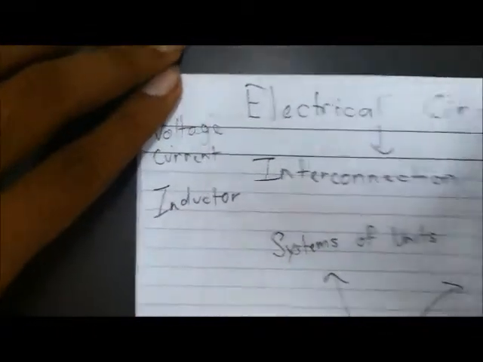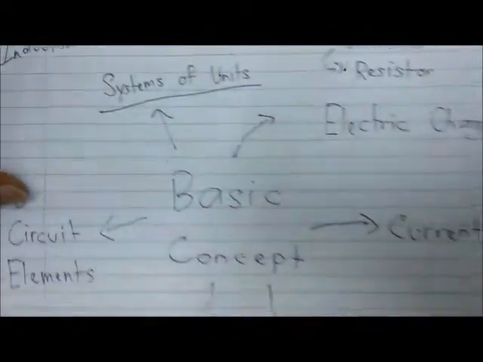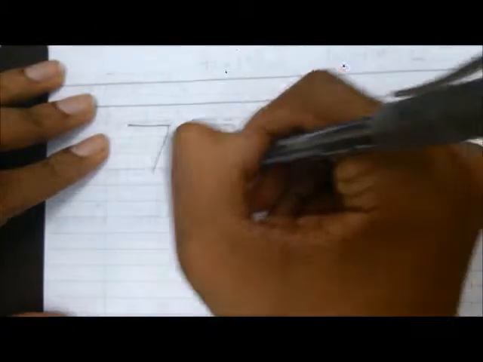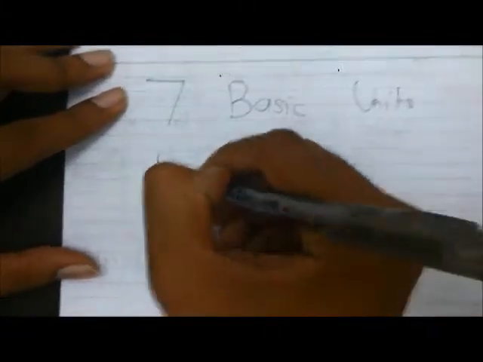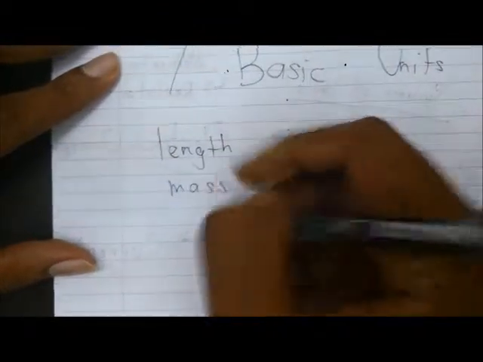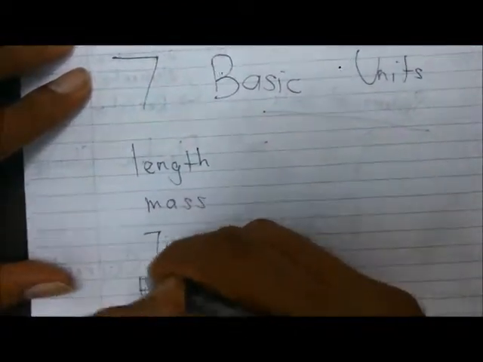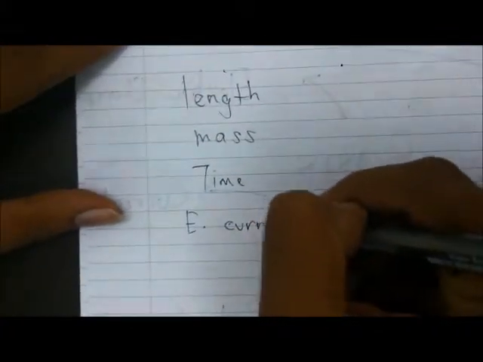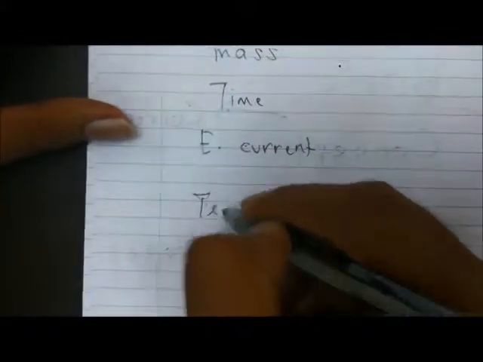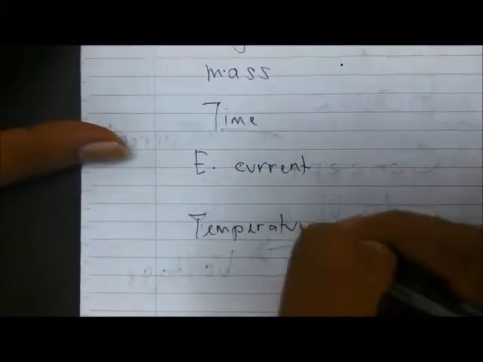Coming back to the first subtopic of basic concept, which is the system of units. The system of units constitutes 7 basic units: length, mass, time, electric current, temperature, amount of substance, and luminous intensity.